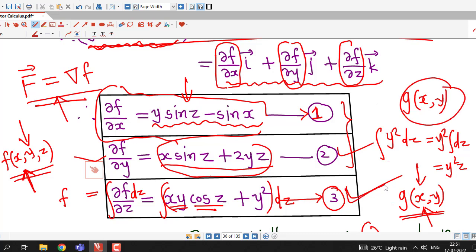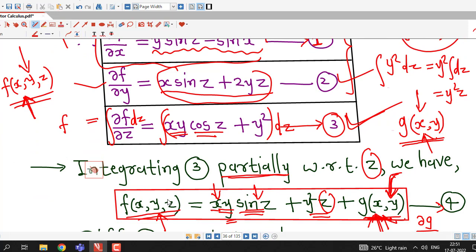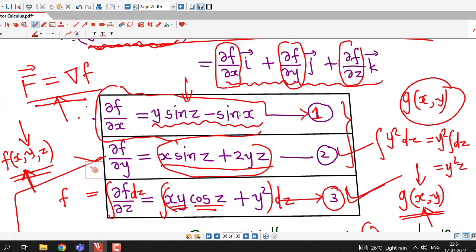Here we integrated with respect to z, and we find that the constant of integration is a function of two variables x and y. Suppose we integrated with respect to y, then the constant of integration was a function of x and z, and if we started with equation 1, then in that case the constant of integration was a function of two variables y and z.